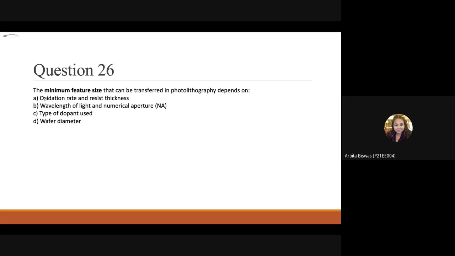This is question number 26. The minimum feature size that can be transferred in photolithography depends on oxidation rate and resist thickness, wavelength of light and numerical aperture, the type of dopant used, or the wafer diameter.